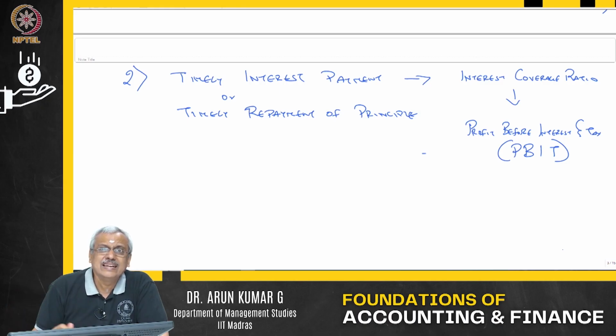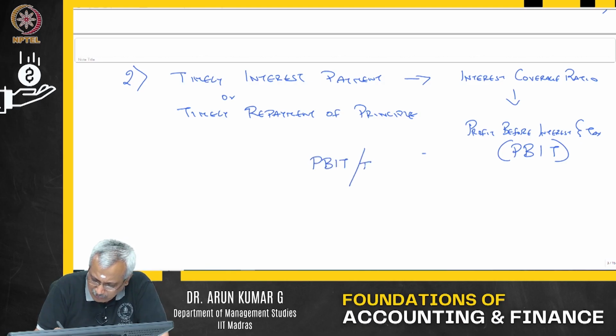This PBIT is how many times the interest. That is, the profit before interest and tax divided by my interest expenditure.